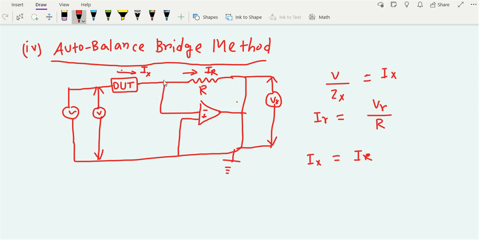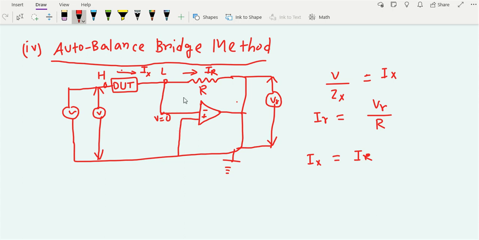So this is the low terminal, you can name it L, and this is the high terminal H. Here we are calling it the auto balancing bridge, because this low terminal is always at virtual ground condition if you see it carefully. This is the plus and it is connected to the ground, so the voltage at this point will always be 0.